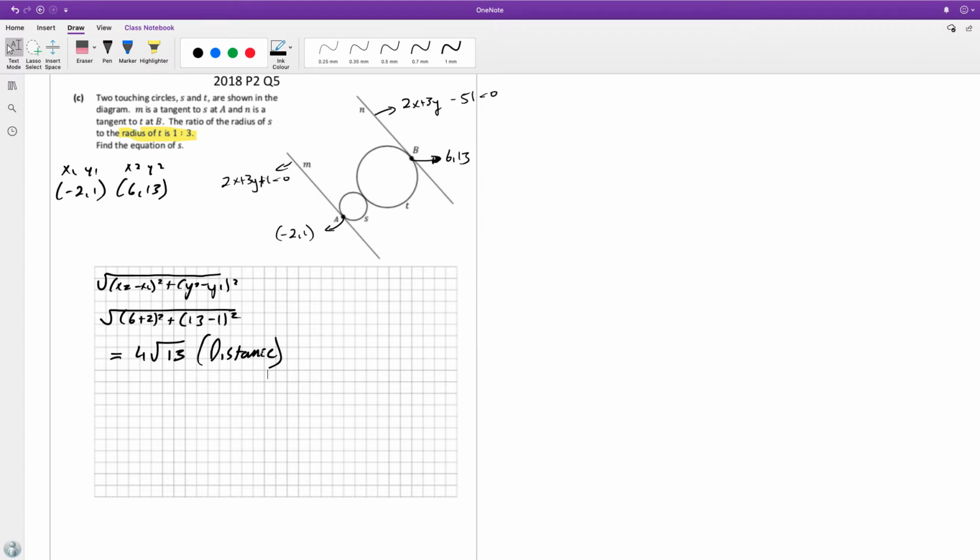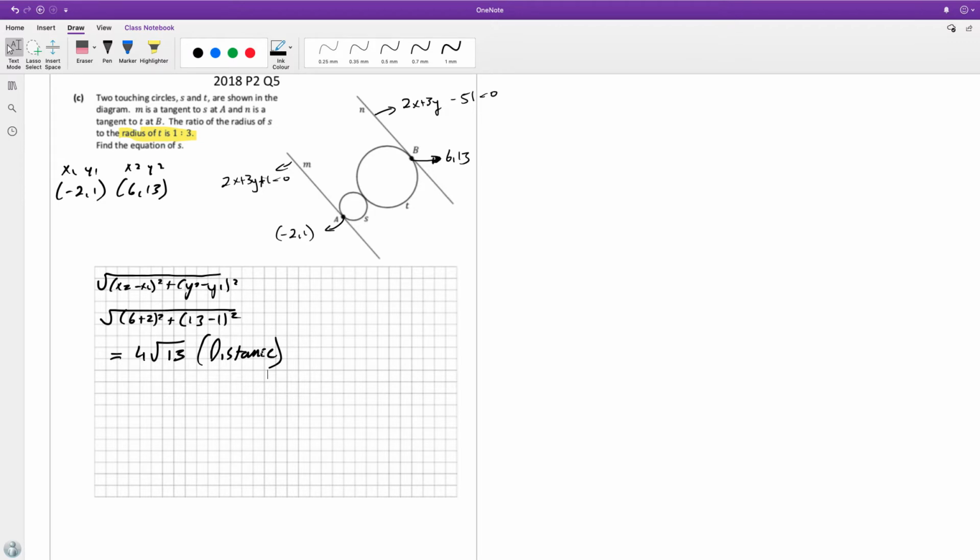Right, how is that going to help? You can use the ratio formula now. The radius from here to here and here to here is in the ratio 1 to 3. So what is the total distance?